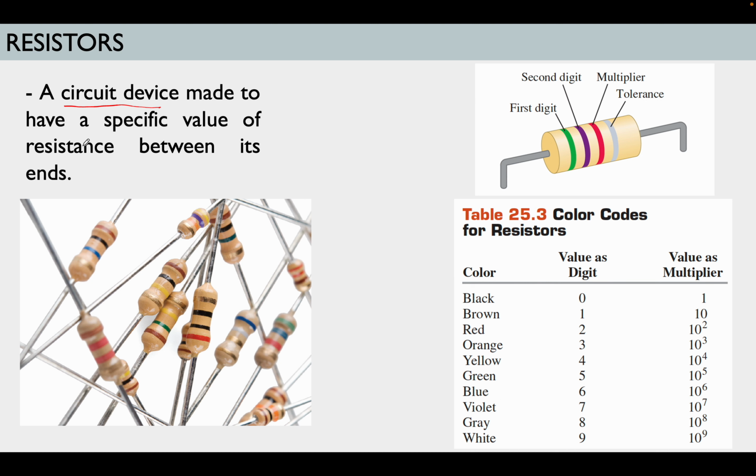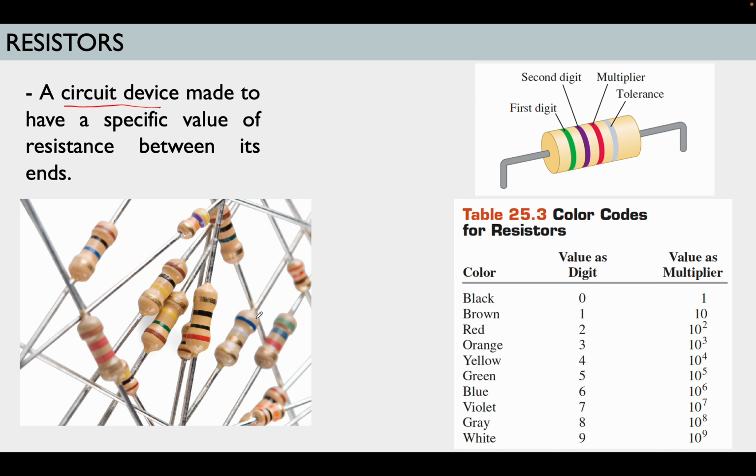Now, as you can see here in the figure, each of these resistors has different color bands, as we will describe it. This first resistor has different color bands than this other resistor, as well as the other resistors.